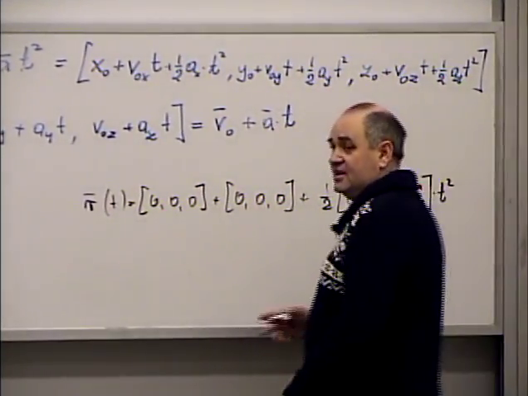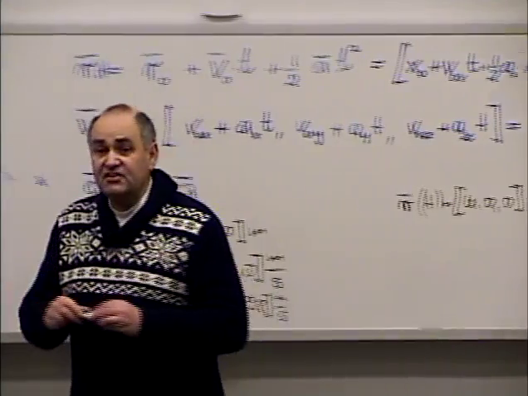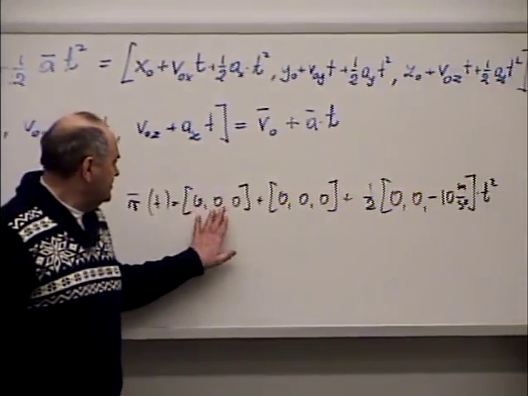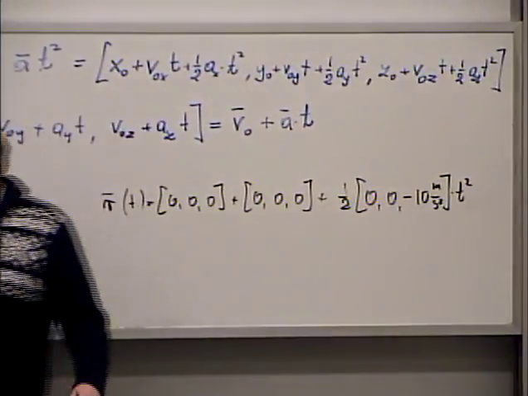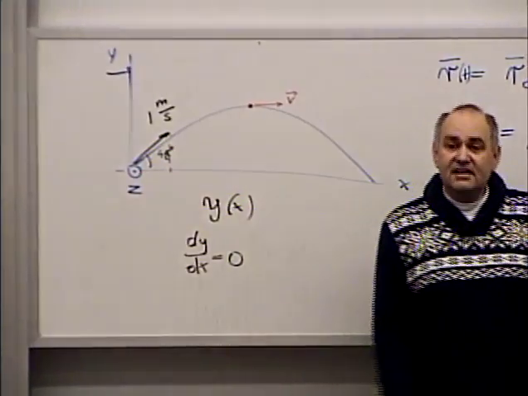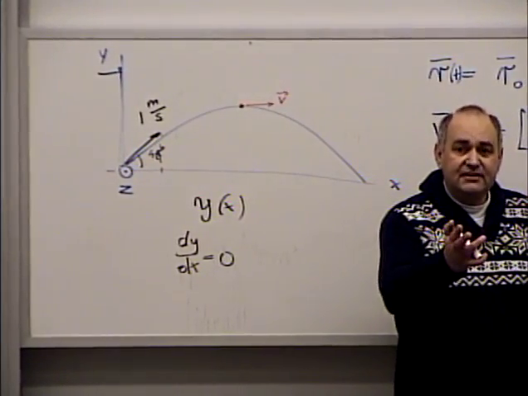Let's see where the particle is going to be. Well, at instant 0, it is going to be 0, 0, 0 at the origin. Is it right or not? Correct. Let's see where the particle is a little bit later.